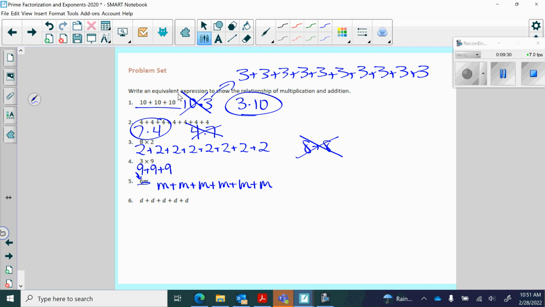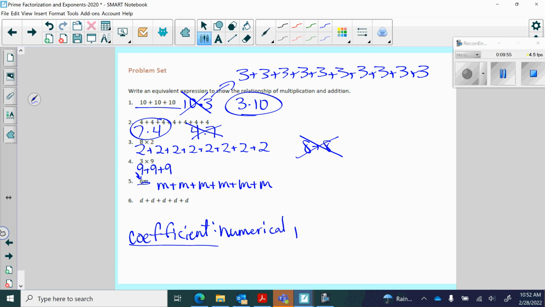Guys, listen up. Okay, since everybody has forgotten, we're going to add this to your notes again. This is called a coefficient.